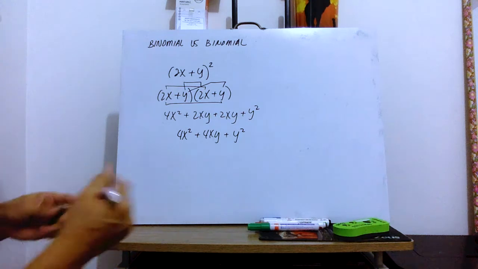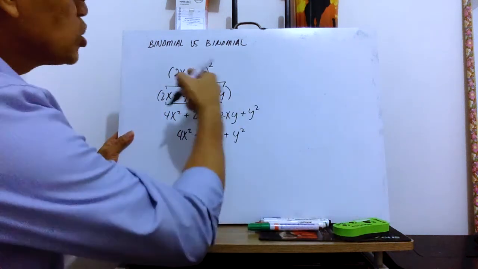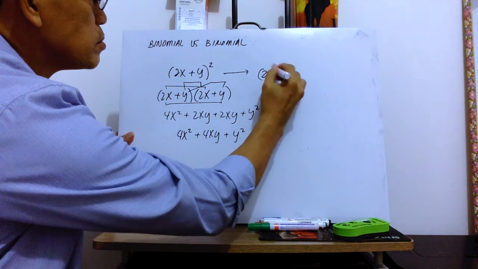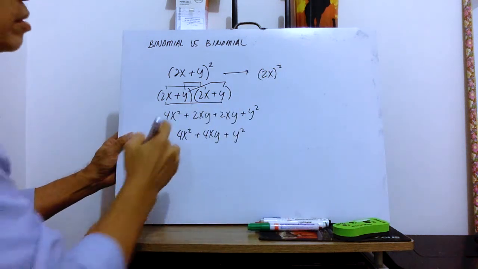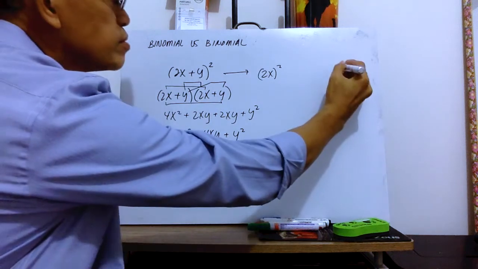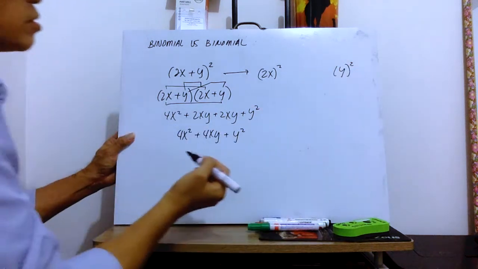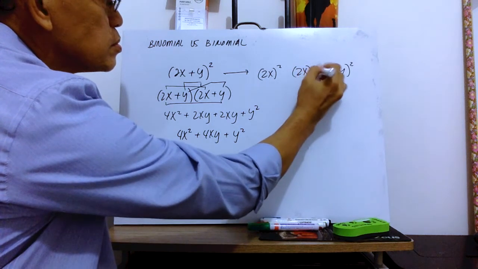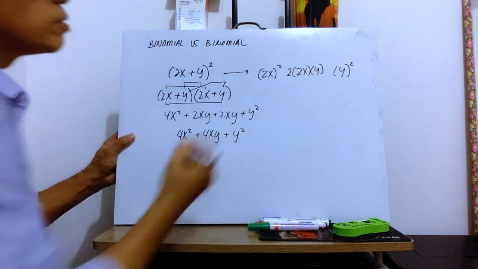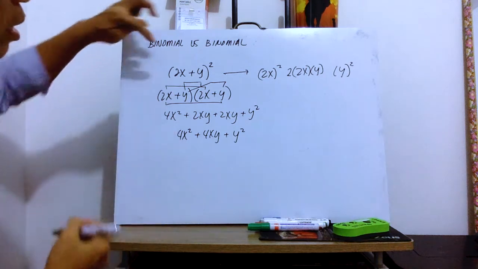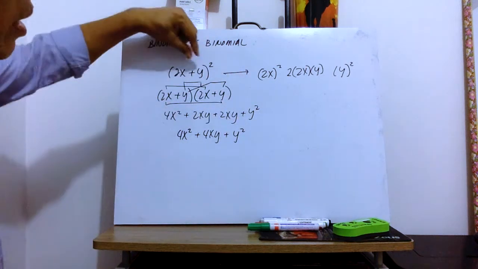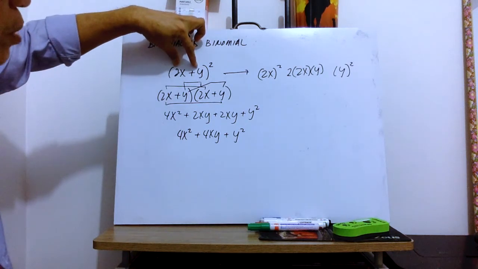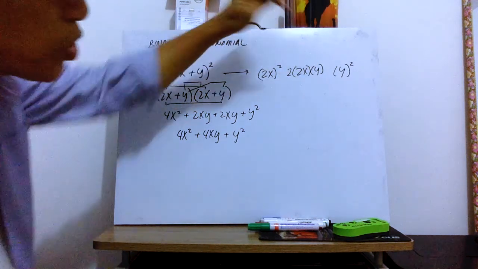I can square this. I can square that. I can multiply the 2, then times 2. Again, I can square this, I can square that, and then I multiply the two terms, and then times 2.